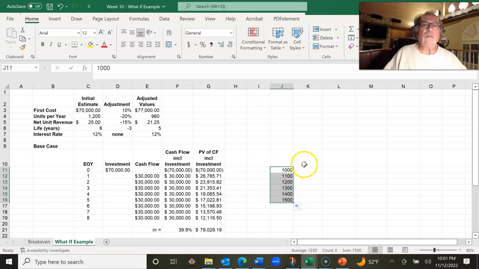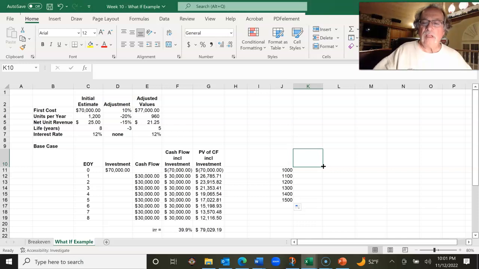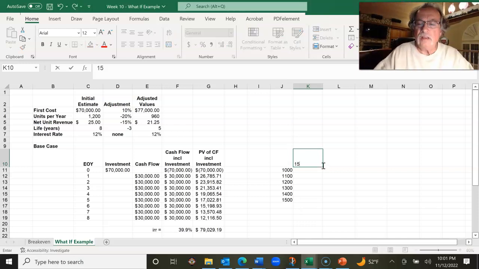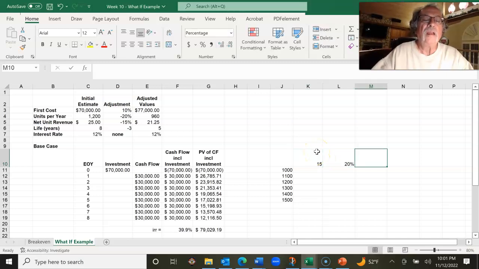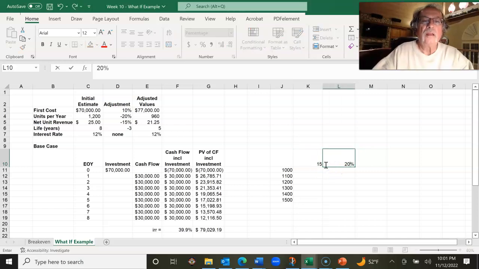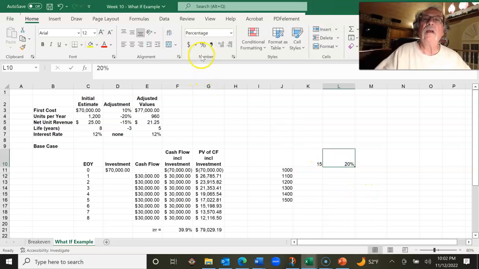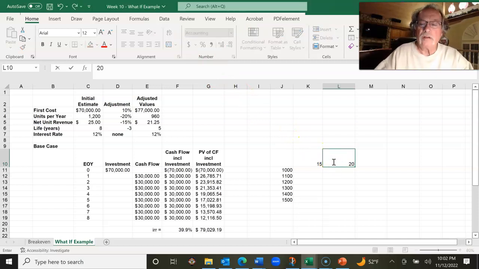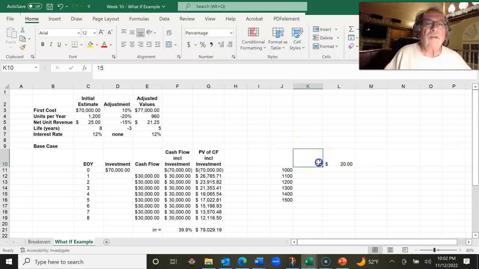And our net revenue, let's make it go from, let's say, 15, we don't want this a percent, $20. We could go up to $35.